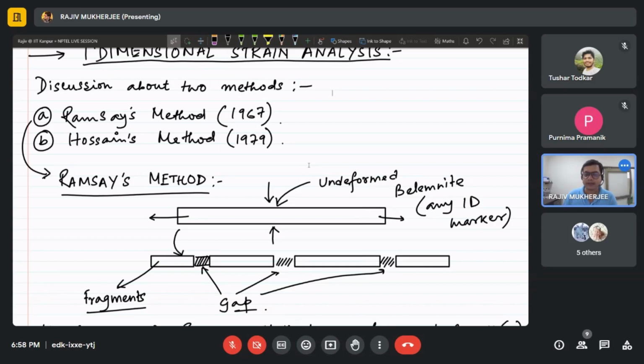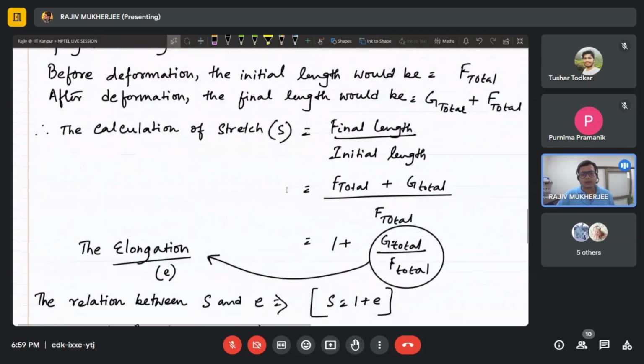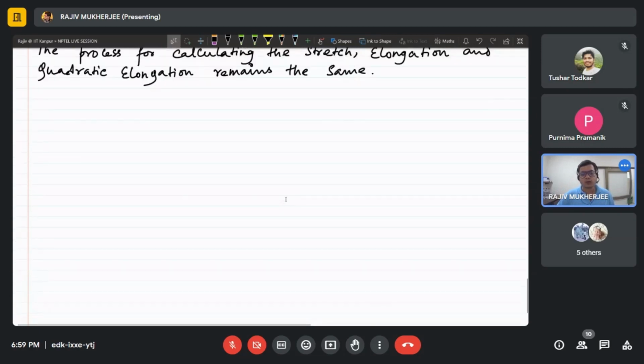There is a lot of research dedicated to how to actually utilize these one dimensional strain markers to estimate the strain, and if you are interested, you can look into papers by researchers like Ramsay, Hossain, and other workers in that area. Okay, now we will talk about two dimensional strain analysis.